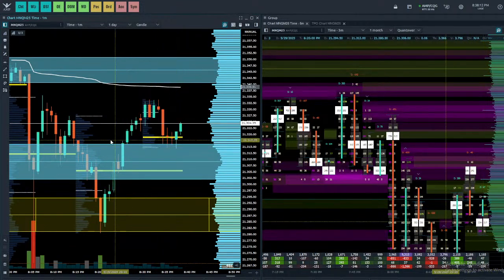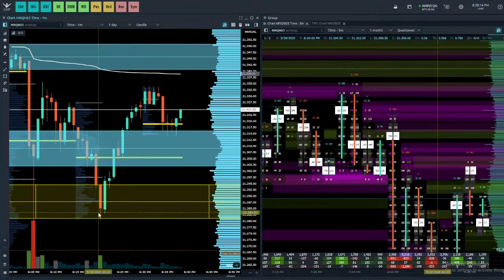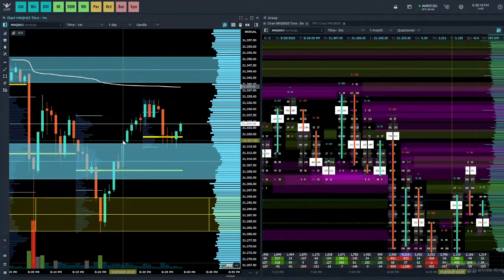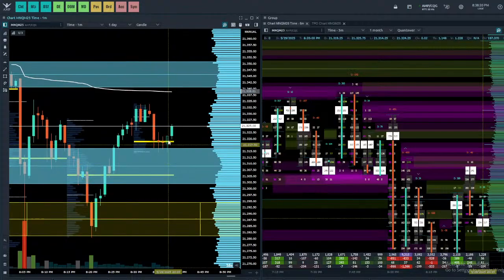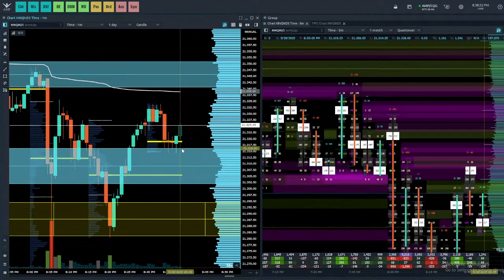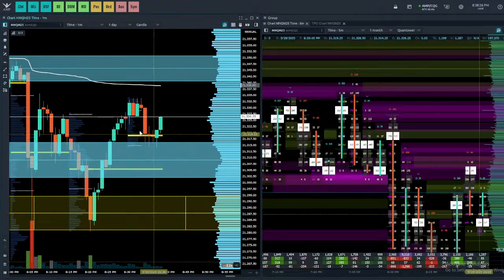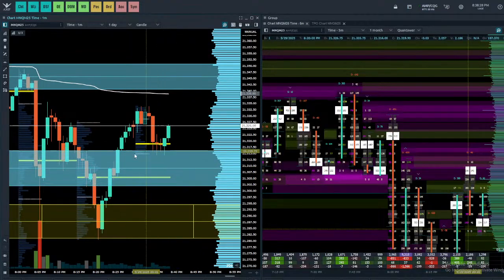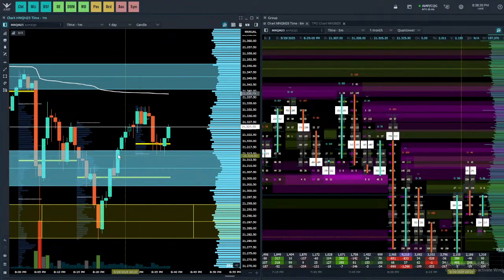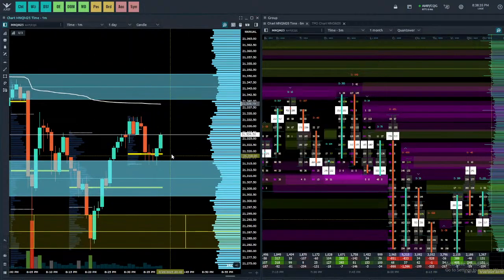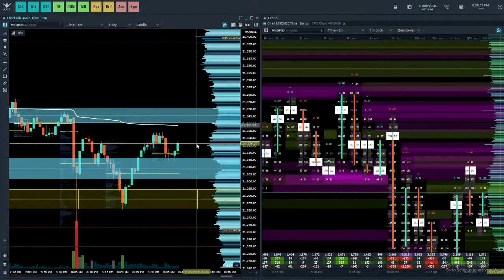Me knowing this, okay, demand, boom. We move up. We're getting a retest. I could have taken a long from here up to my VWAP or back up to my supply zone, because our previous demand zone looks like it's turning into support for the move up.